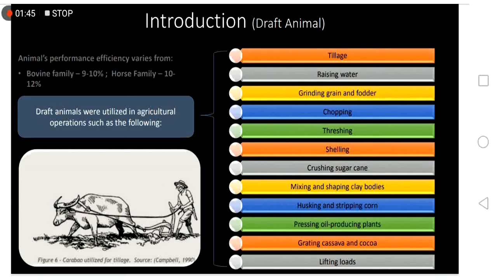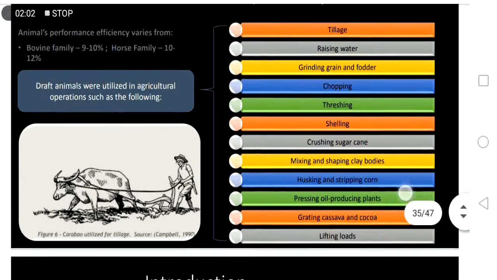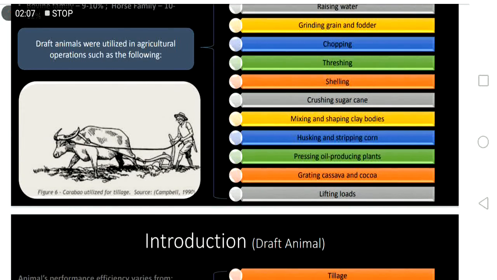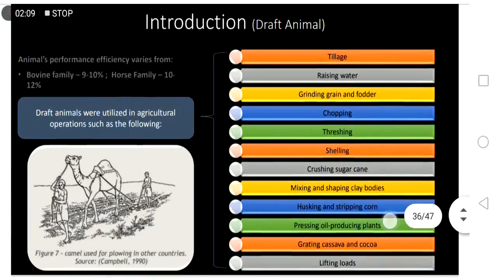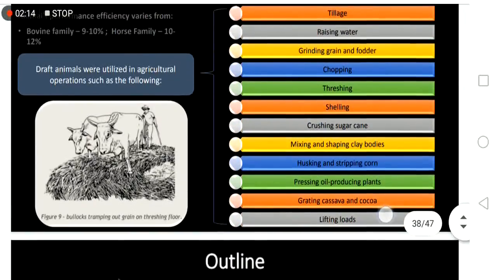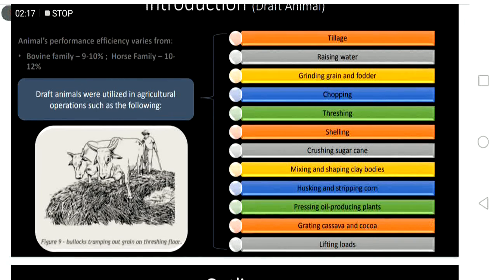So they use animal power just to till the land. There are also cases wherein we use animal power in raising water, and also in grain and fodder chopping, threshing, shelling, crushing sugarcane, and many more.